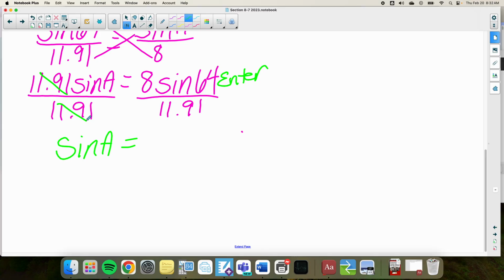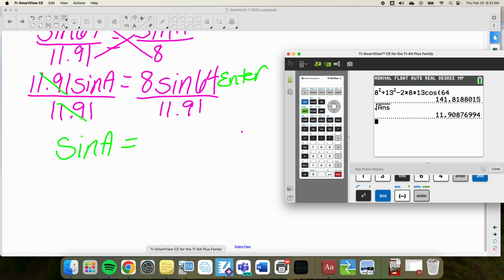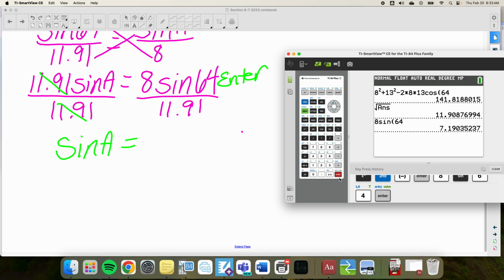So let's type this in, and we're going to go 8 sine 64 enter divided by 11.91, and you get this 0.6037.